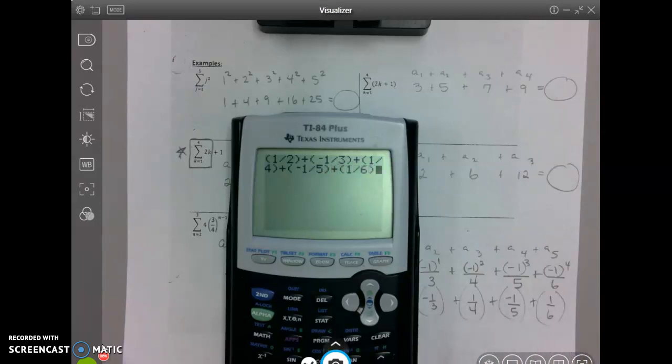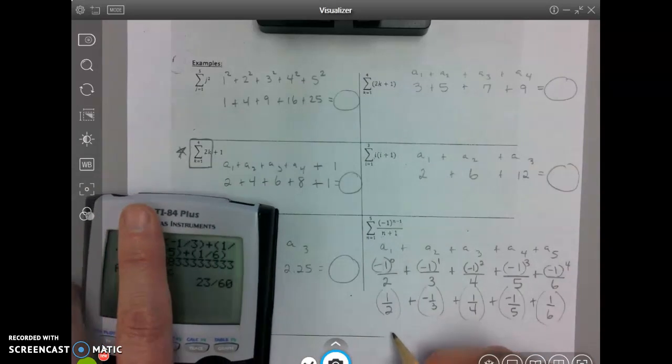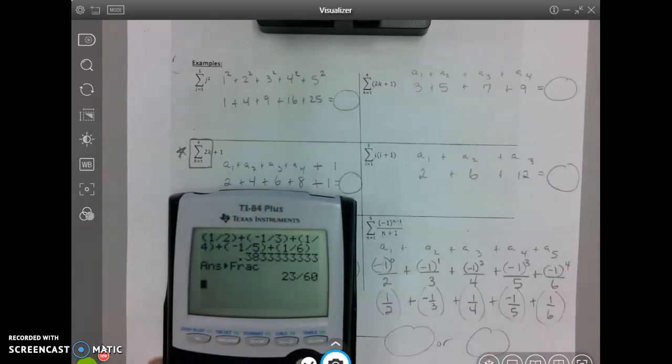I'll hit enter and I will get a decimal, and then I'm going to hit math, enter, enter, and I get a fraction. And I can put that fraction answer down, or the decimal. I could put it either way, the decimal or the fraction that I got. Okay?